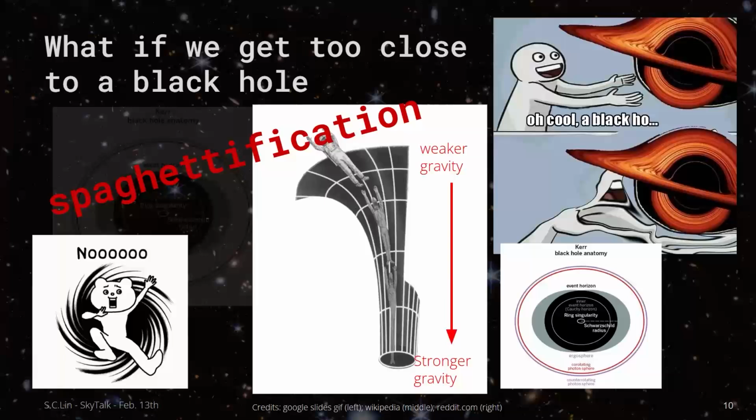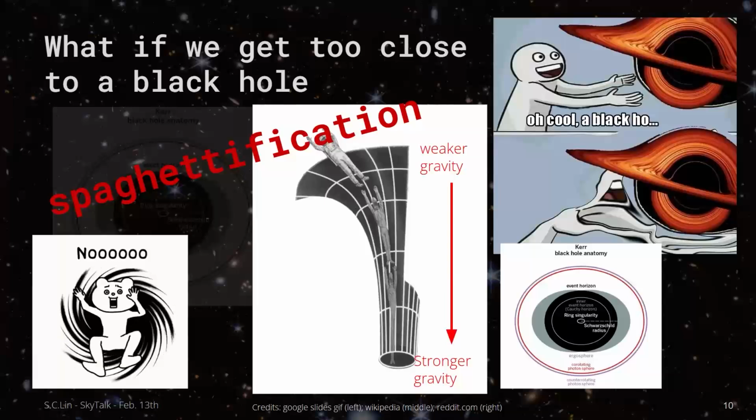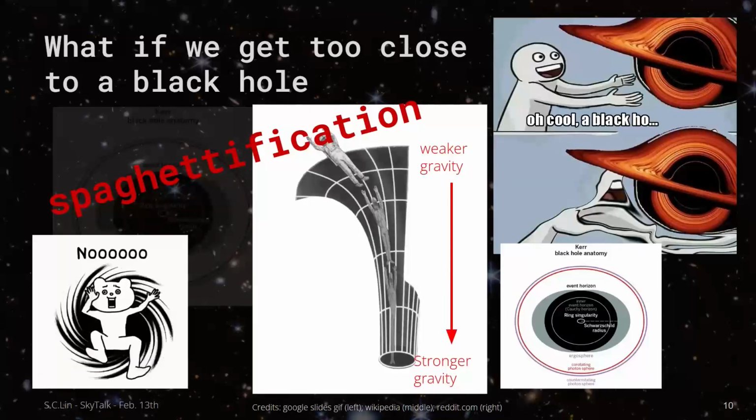Because of the really strong gravitational field close to a black hole, the gravitational field difference between your head and your feet is so large that it will stretch you extremely hard, so that you become, they call it, spaghettified.